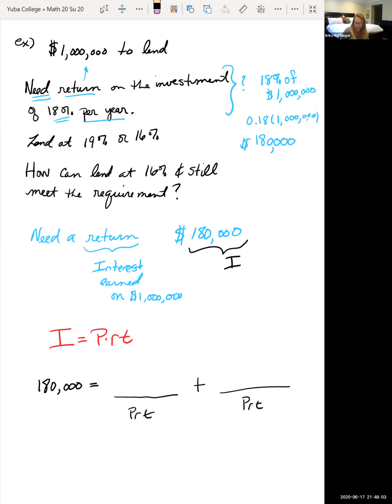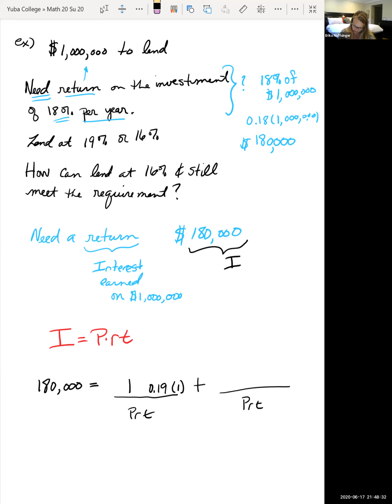Okay, so it's the principal, how much they've invested, times the rate, times the time. Well, I know what the rate is. I know that they're lending at 19% and 16%. So maybe we can write that in there for rate. 19% is 0.19 on average per year, so time is 1.